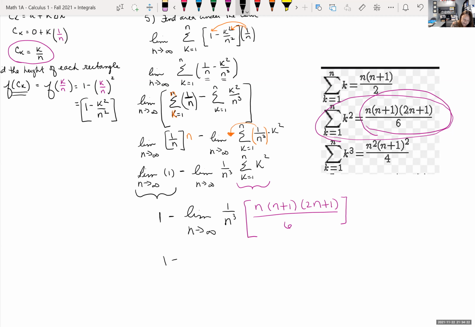So we have 1 minus the limit as n goes to infinity of 1 over n cubed. We could put that in the denominator if we wanted to. Let's put that n cubed in the denominator. We're going to need to distribute this out, so we might as well start. So n times n plus 1, that's n squared plus n, all times 2n plus 1, all over 6n cubed.